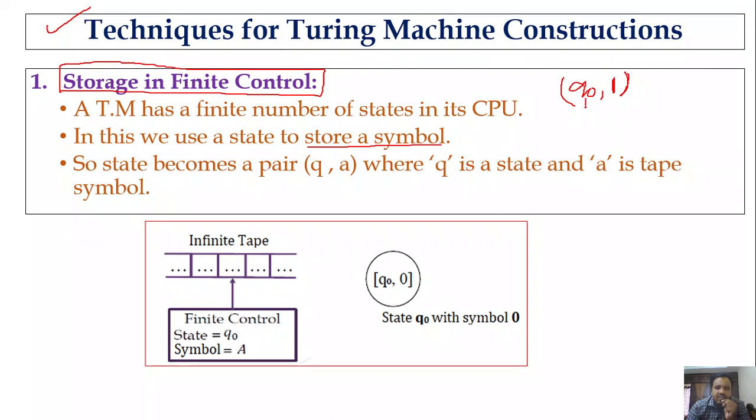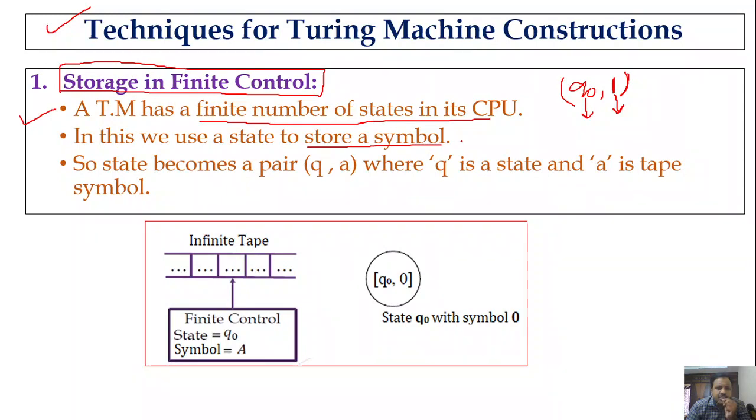The first value indicates the state and the second value represents the symbol which is stored in that particular state. Here the Turing machine has a finite number of states in the finite control or in the CPU, but every state stores some symbol.